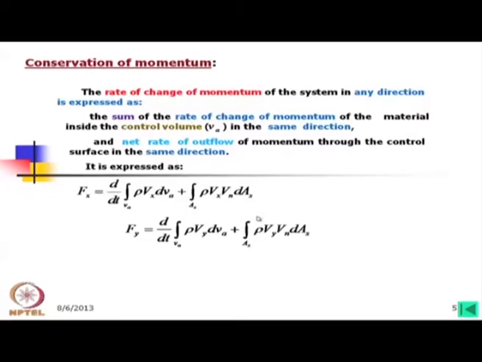It will be similar in the y direction. As you look into these equations, the expression is the same, velocity in y direction, and here also we consider the velocity in y direction. Similarly, in z direction we consider velocity z here and also here.